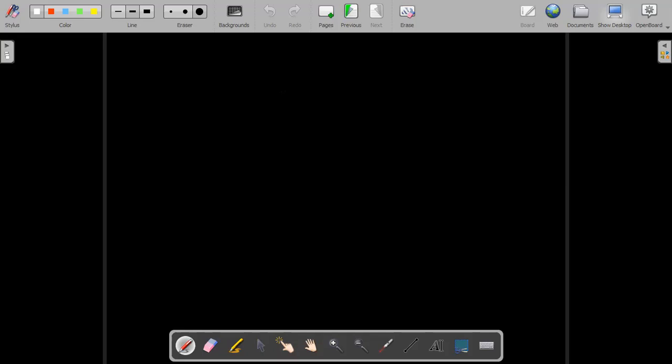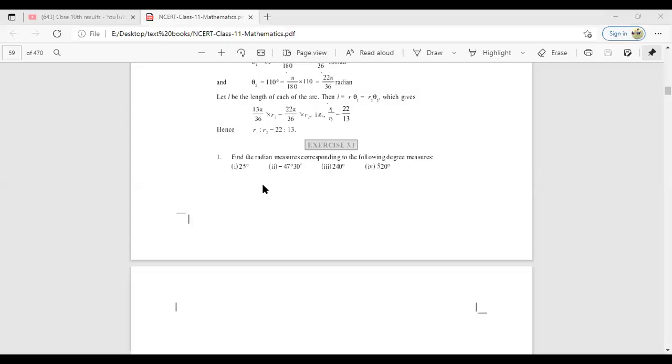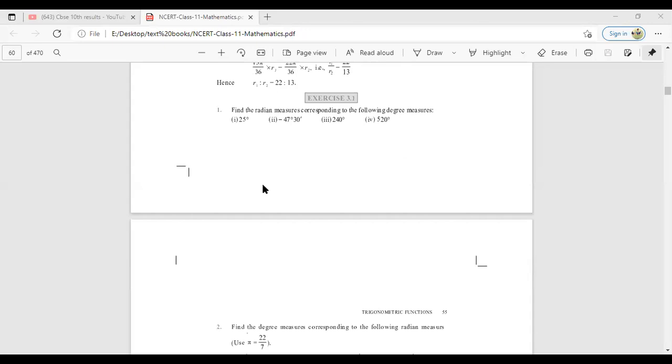This you can convert directly, degree measure into radian, as I told you how to convert radian into degree. So 1 degree you can write and convert to radian. So you can go through this exercise.